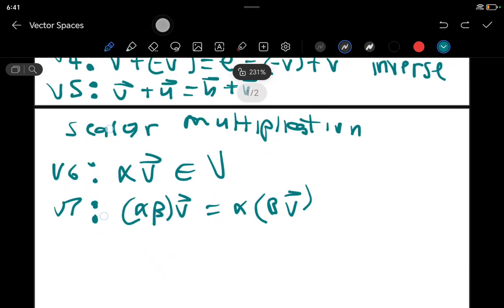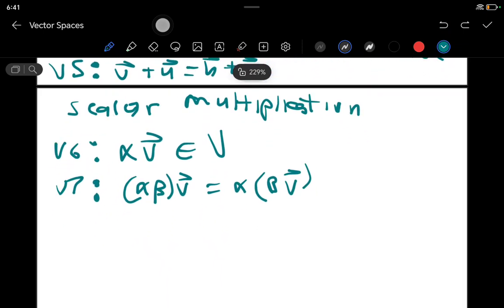The first one, you're multiplying a vector and a scalar. The second one, you multiply the two scalars, then by a vector. Then the third one, V8, what you can do here, you can just add two vectors. So I want to show you something here.